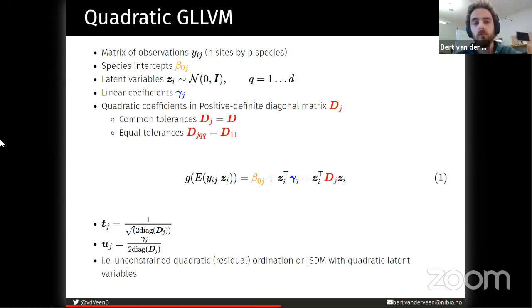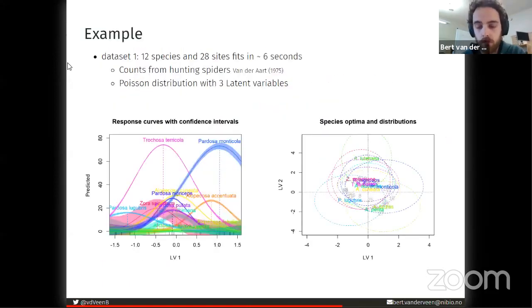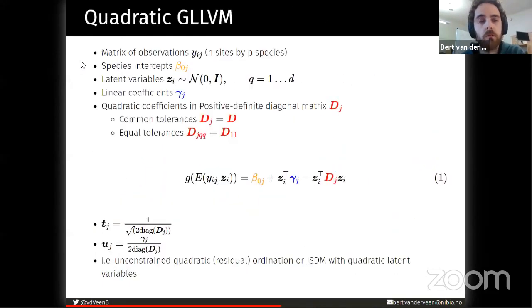So the quadratic GeoLVM, where we have this matrix of observations per site and species, a species-specific intercept beta not J, the latent variables that we assume to follow a multivariate standard normal distribution, and the linear coefficients on the linear term.